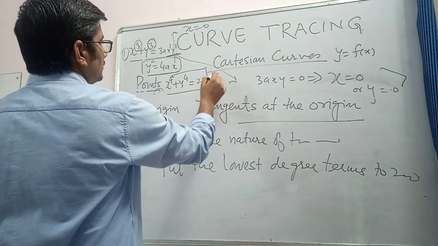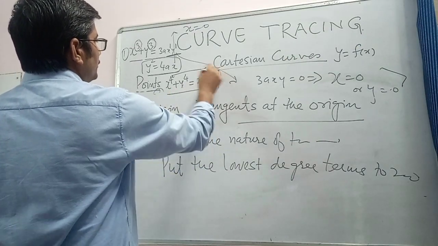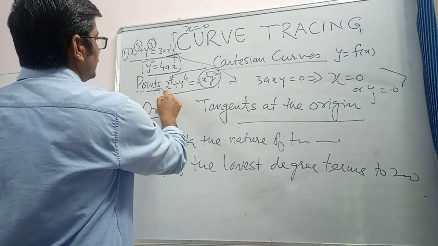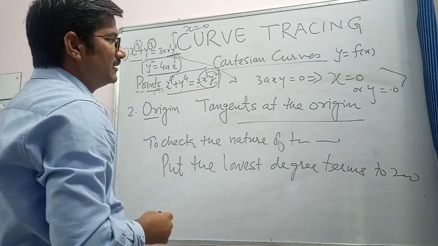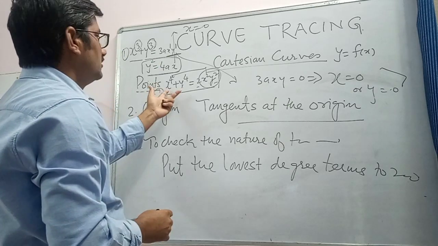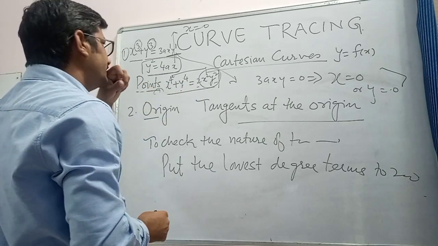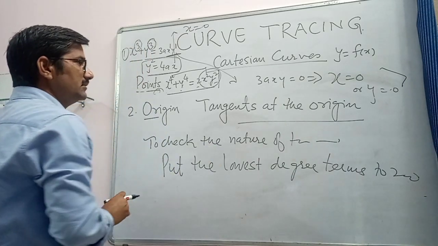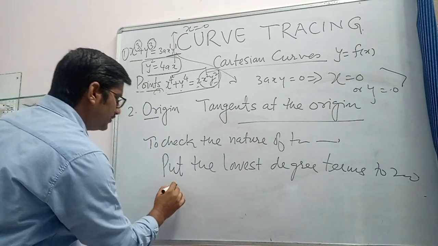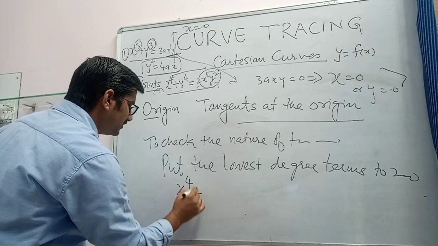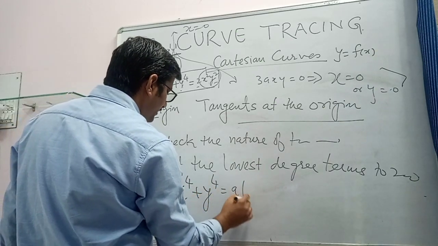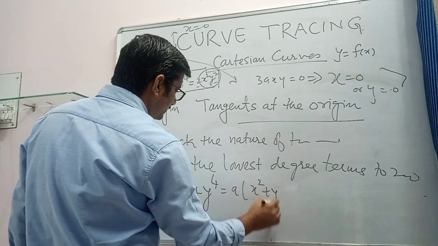In this curve, if you put the lowest degree terms, only 4 degree terms are there. So no tangents at the origin here. Next, for example, suppose you have this curve, x to the power 4 plus y to the power 4 is equal to a into x square plus y square.